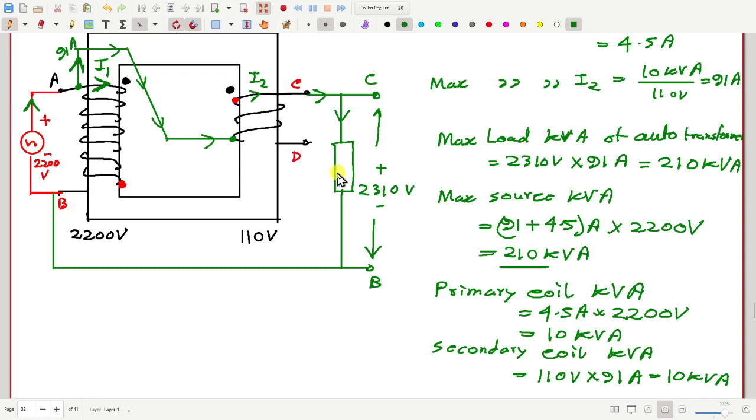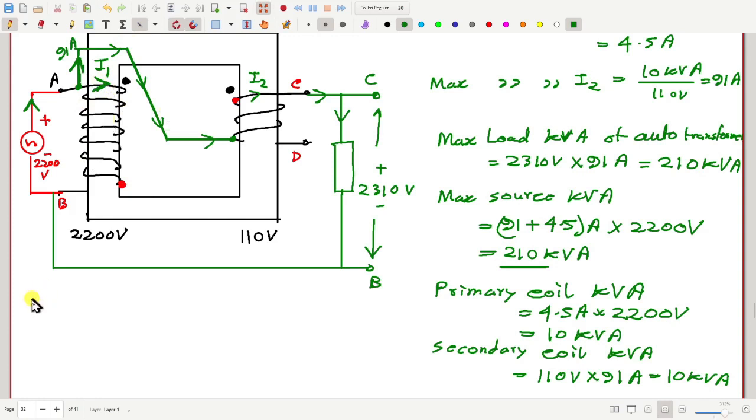How is that happening? That is happening because there is a direct path, this path, for this current to go bypassing the coils.